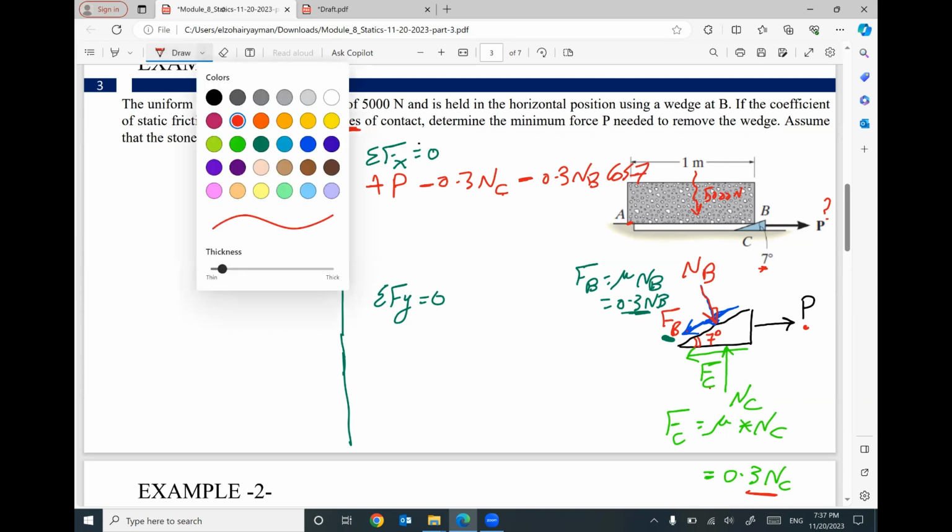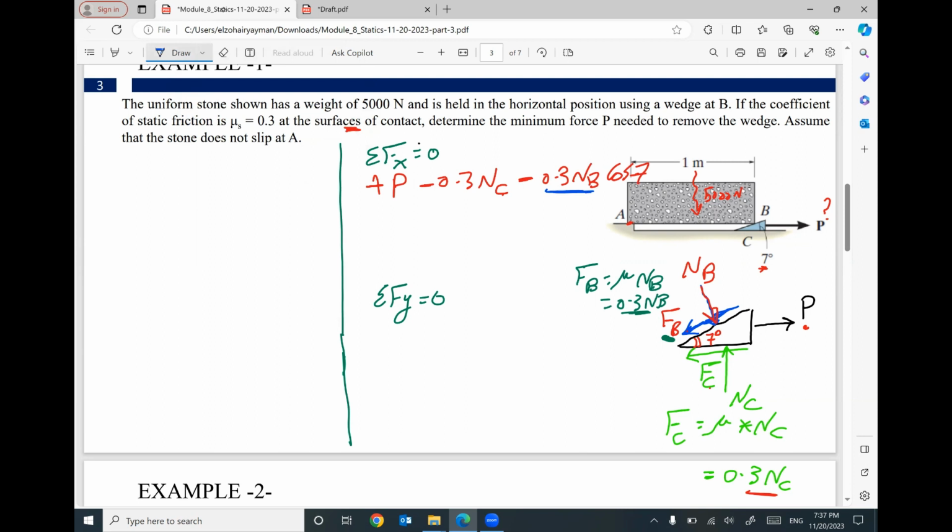Keep in your mind, guys, this term represents FB cosine 7. This is the x component for this force. Also keep in your mind the angle between the vertical direction and this force at B is alpha also, which is 7. So I will have positive NB sine 7 equal 0. This is the first equation.